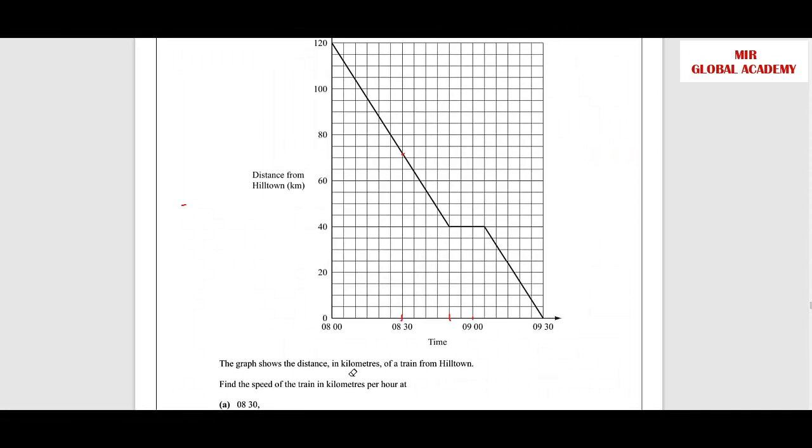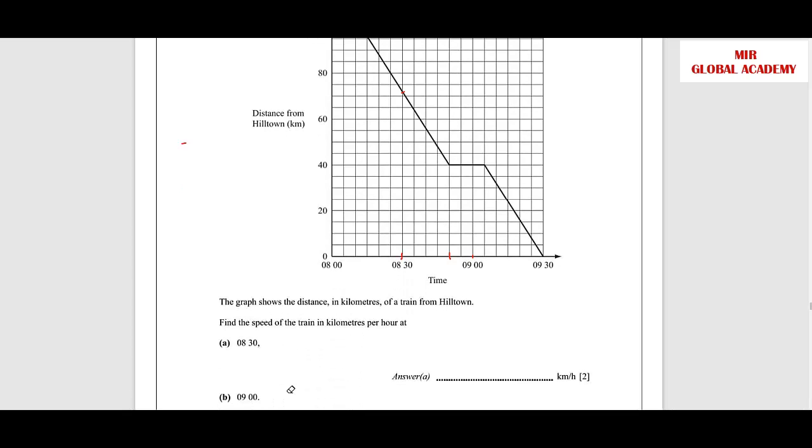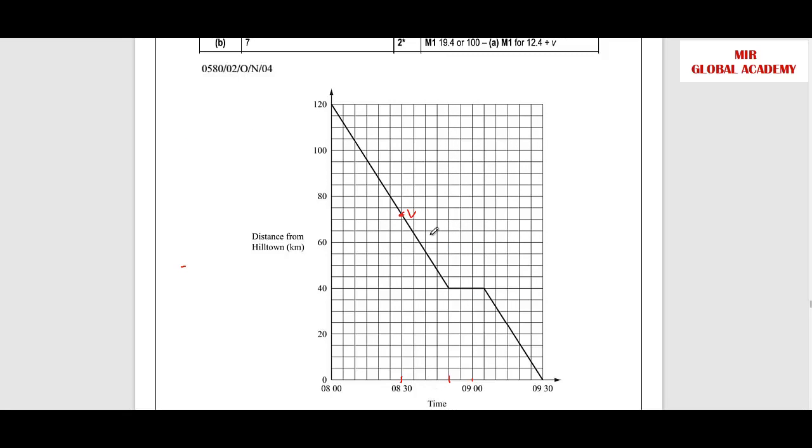The graph shows the distance in kilometer of a train from Hilltown. Find the speed of the train in kilometer per hour at 8:30. So what will be the speed at 8:30? Suppose it is v here. And we know that in a distance-time graph, speed is basically the gradient of a line.